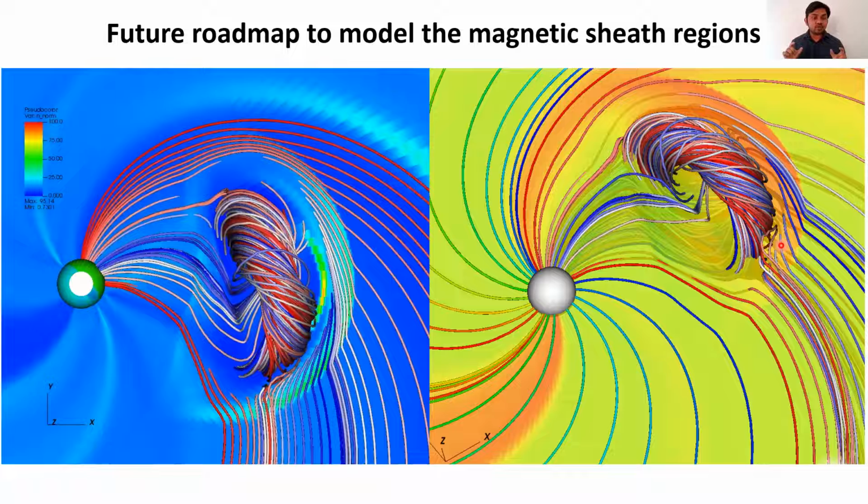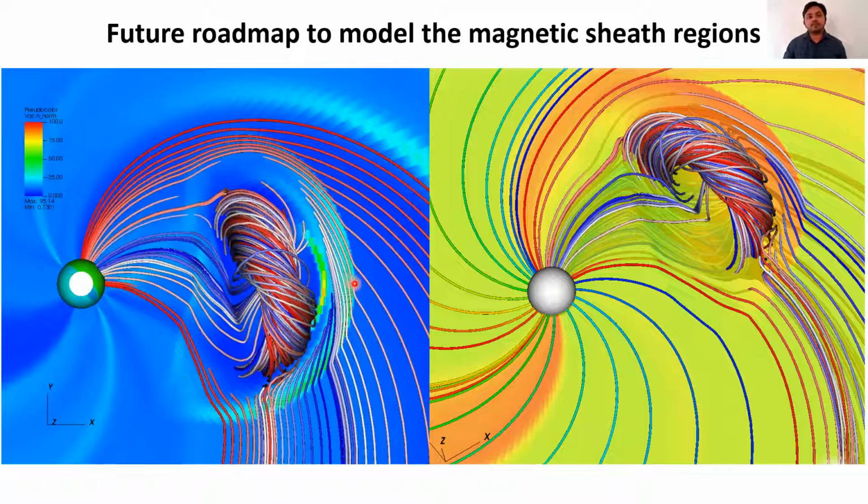As we know, magnetic sheaths are also an important component for space weather prediction, because a substantial number of major geoeffective geomagnetic storms are caused by magnetic sheaths. But this has not been addressed till now, that means modeling the magnetic sheaths and trying to predict their space weather impact.